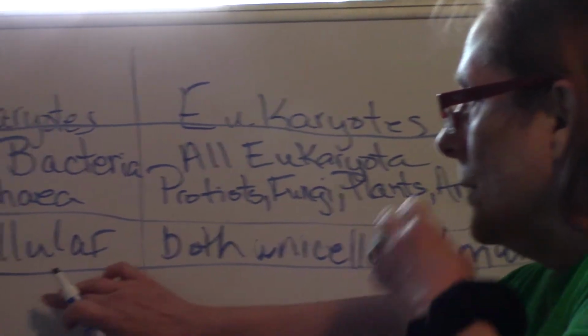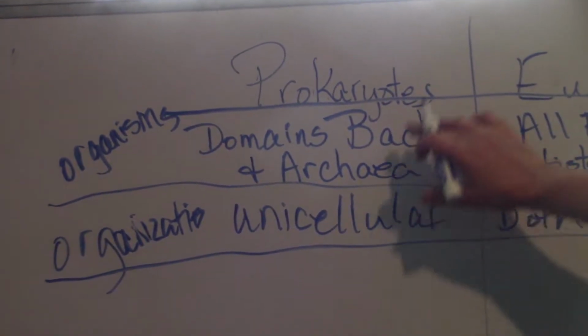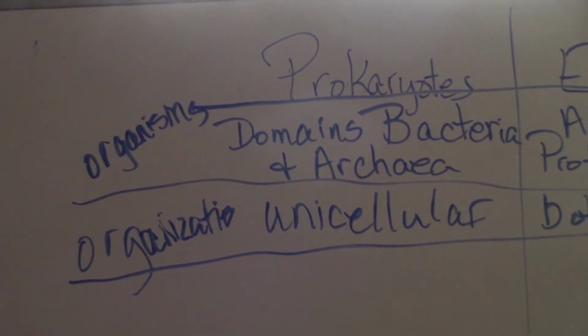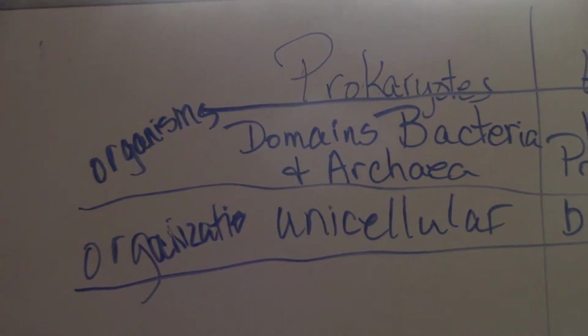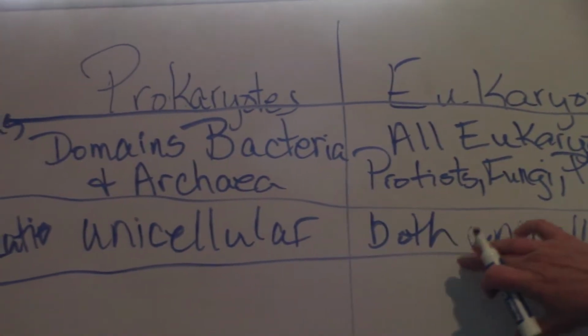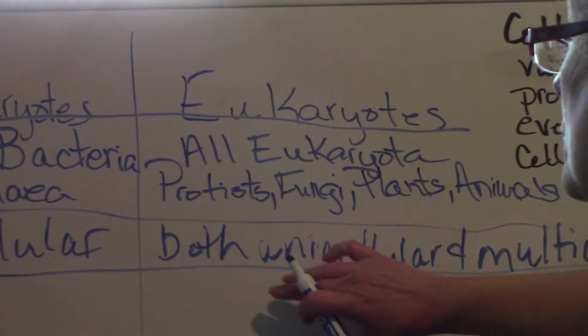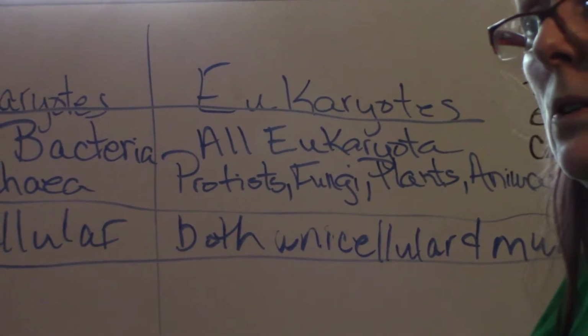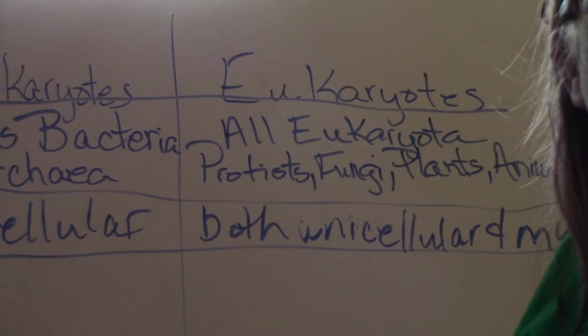Okay? So we might see some of the prokaryotes in chains, but each individual cell is an individual. Or in clumps even. The prokaryotes, many of the protists are unicellular, but they are eukaryotic cells.